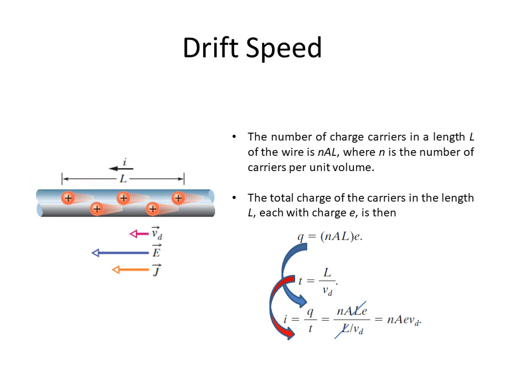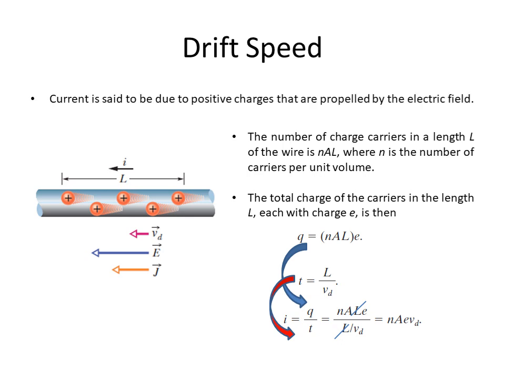So nAL is the total number of charge carriers in this length of wire. The total charge of the carriers in the length L, each with charge e, is Q equal to nALe.